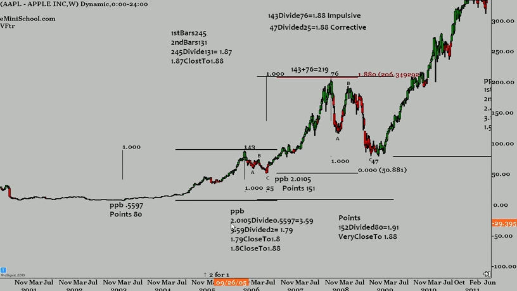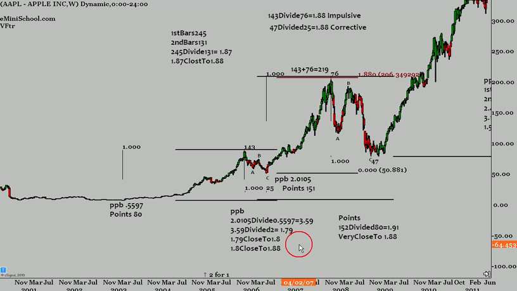The $2 per bar divided by the 60 cents per bar gives us 3.59. 3.59 divided by 2, because there are two legs, equals 1.79. Close to 1.8, which is close to 1.88. So there's some relevance there as far as points per bar as well, giving us 1.88.